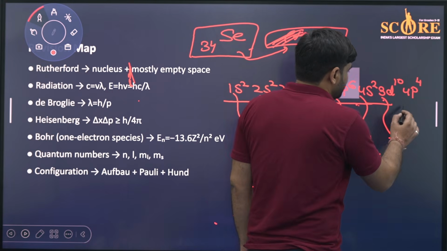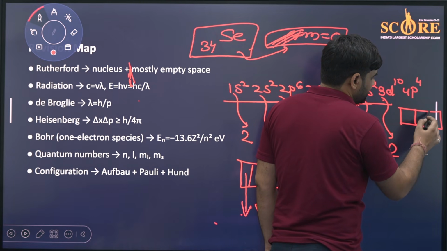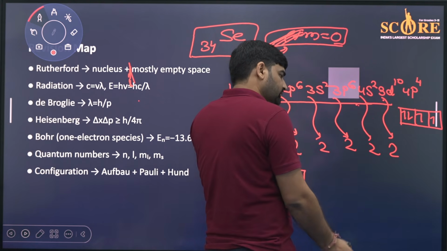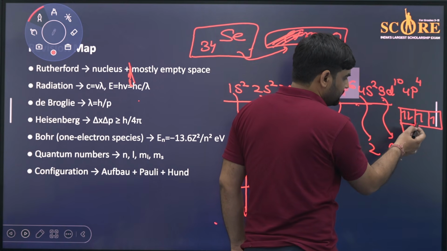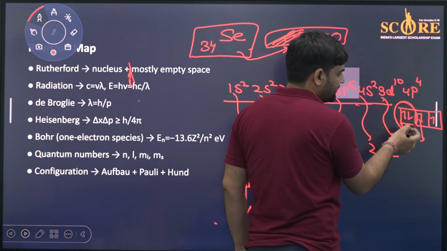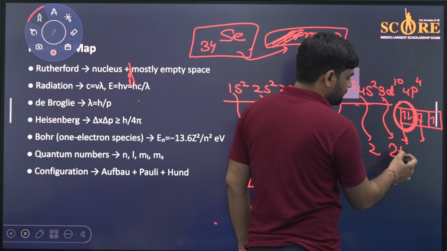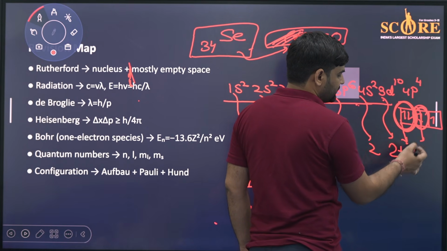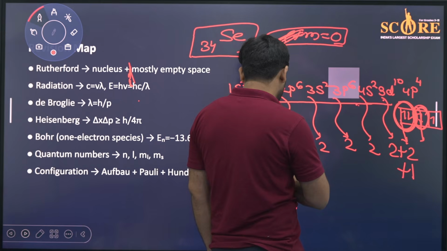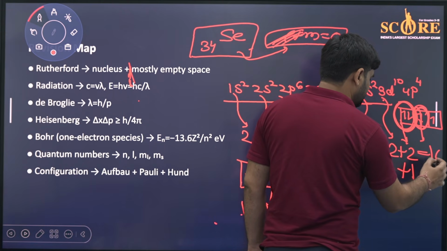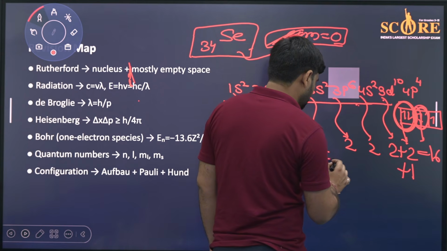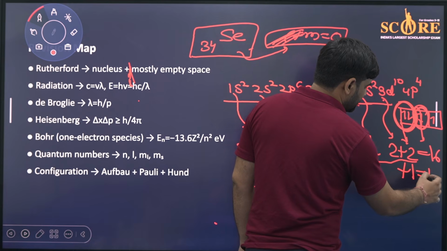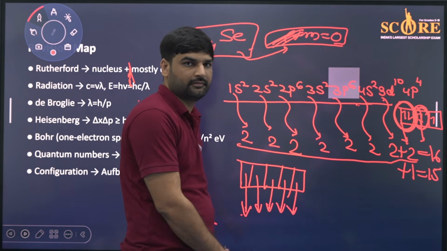And in this 4p, if you consider this as M equals 0, then you have to count 2 electrons, and if this one is M equals 0, then you have to count 1. So this is your maximum answer 16. I think 2, 4, 6, 8, 10, 12. I think you understood. The minimum is 15.